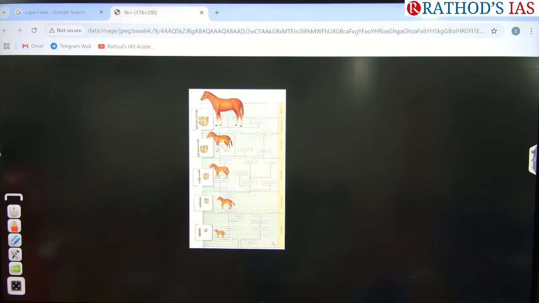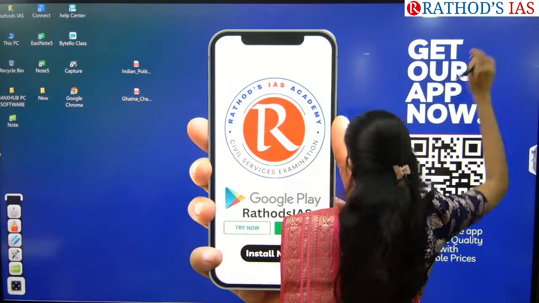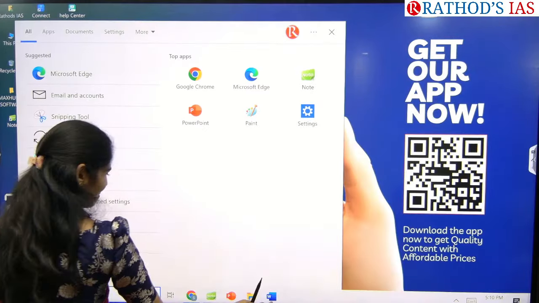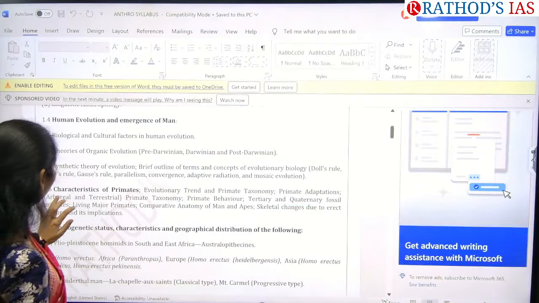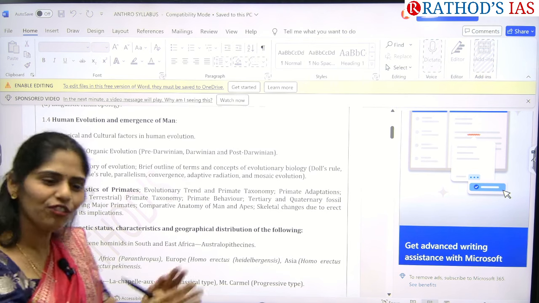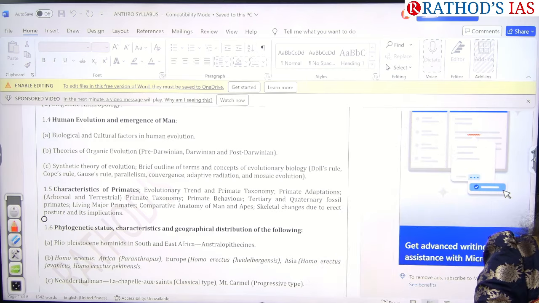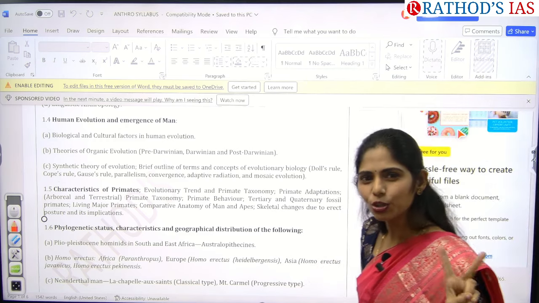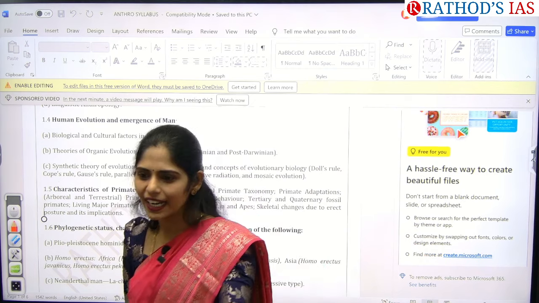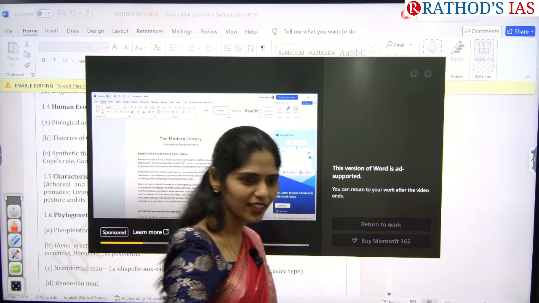So can you tell me about Gause's rule? Gause's rule says that if you have a limited resource, for example food or anything, and two species are competing for that limited resource, will both species exist in the long run?